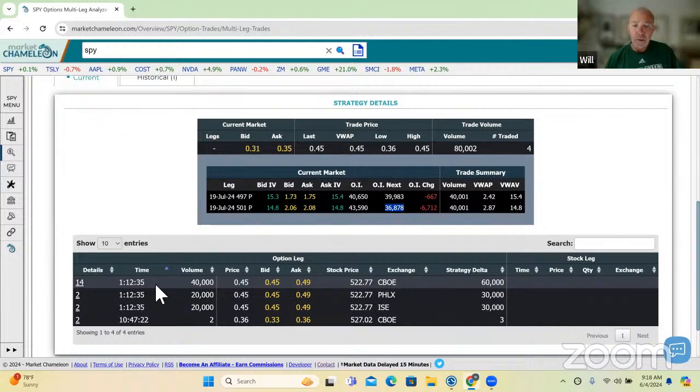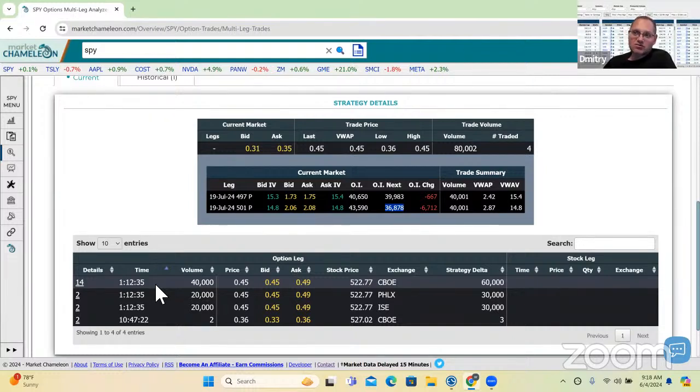Hey, D. Sorry to interrupt, but a question came in from Rob, and it's on a little bit of a delay. So he's asking, is there a click that can load the spread into the current calculator from this screen? No, that's a good question, and that is something we are looking at right now, to go right from this screen and click over to the options chain so you could run your analysis. It's not available yet, not on this version, but that is something that we are looking to add as an additional feature.